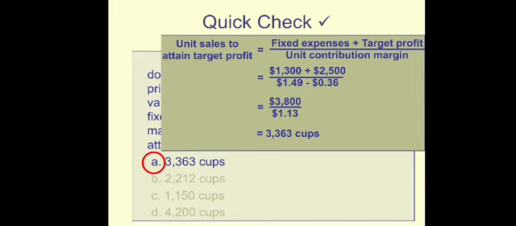So the answer is 3,363 cups. So it means here that if the business wants to achieve 2,500 profit every month, the business has to sell 3,363 cups.